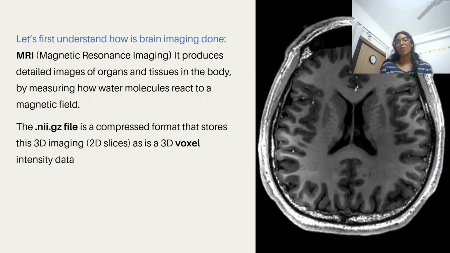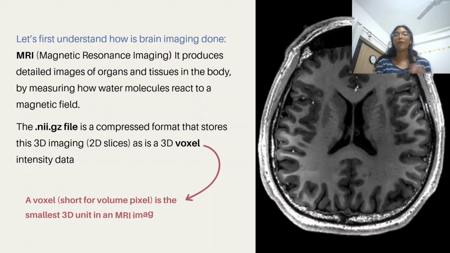This MRI, for our data analysis, is stored in a compressed format in a .nii.gz file, like a .PDF file. And MRI is actually 3D imaging. So what happens is that slices of 2D images are prepared, and when these 2D images are clubbed together, we get a 3D image. 2D images have something called a pixel.